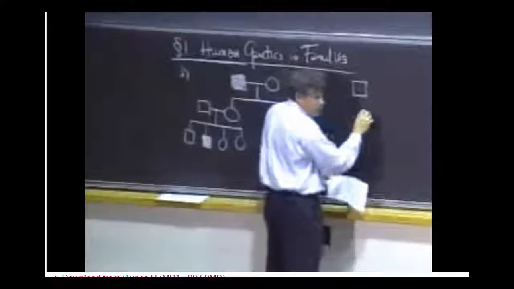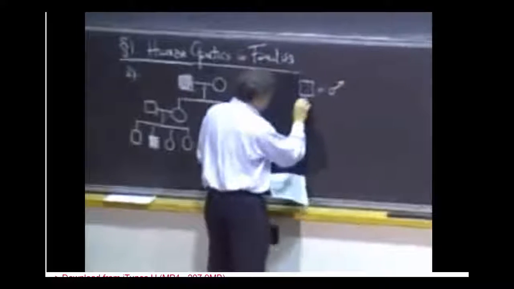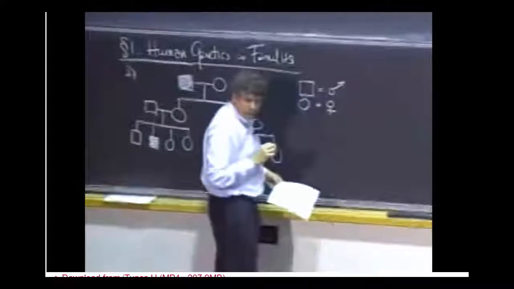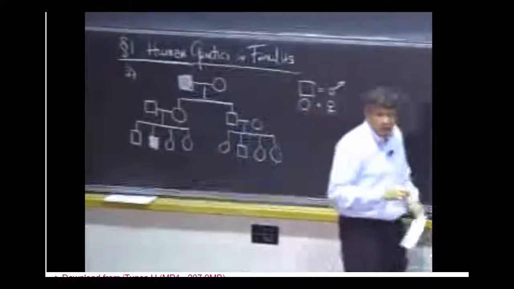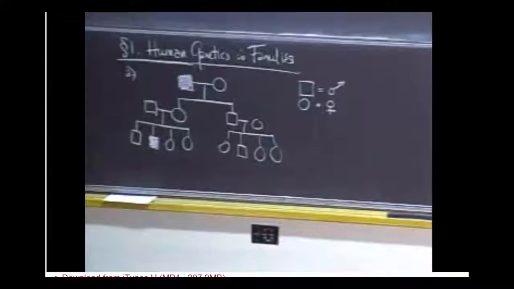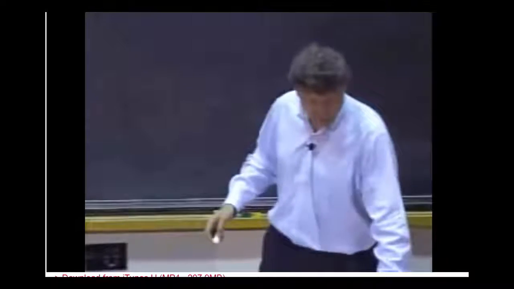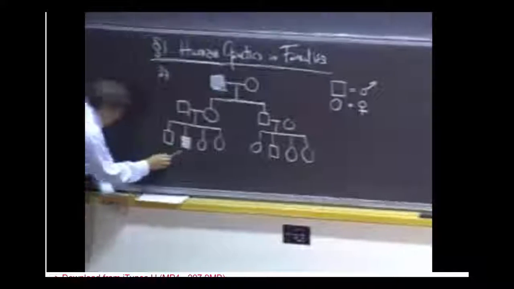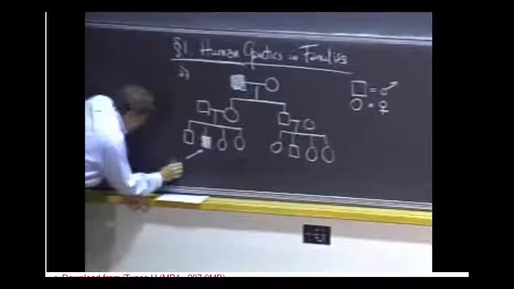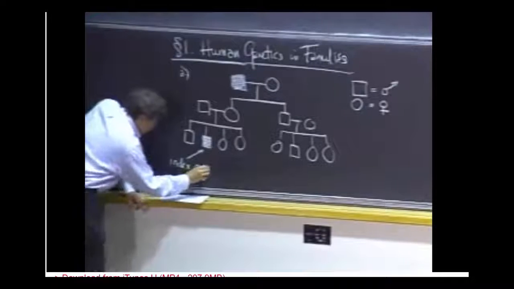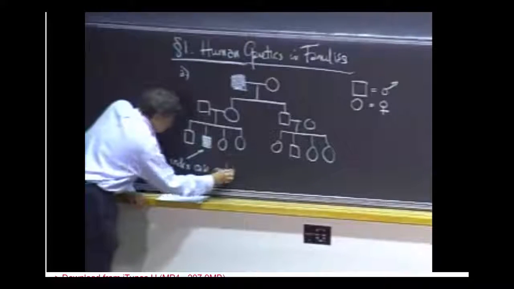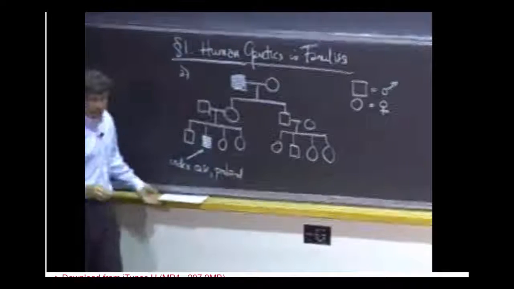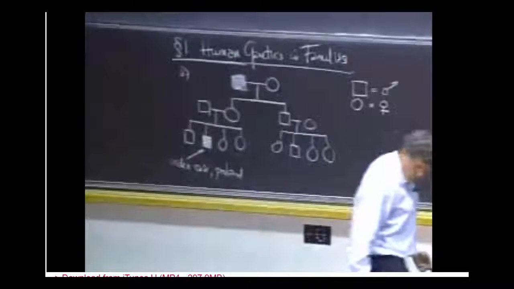Squares are males. Circles are females by convention. A colored-in symbol means the phenotype that we're interested in studying at the moment. So in any given problem, somebody will tell you, well, we're studying some interesting phenotype. You often have an index case or a proband, meaning the person who comes to clinical attention, and then you chase back in the pedigree and try to reconstruct.